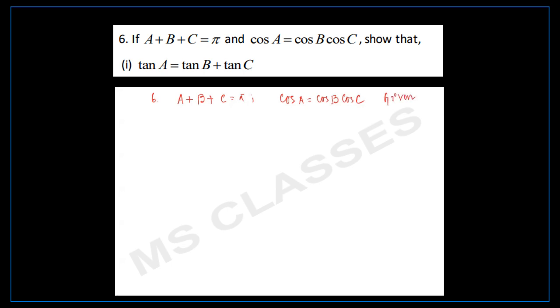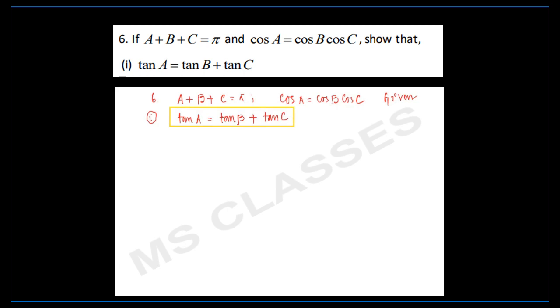Now, what we need to show, the first part: tan A equal to tan B plus tan C. First part we have to show this one, that tan A equal to what? Tan A equal to tan B tan C. This is what I have to show.